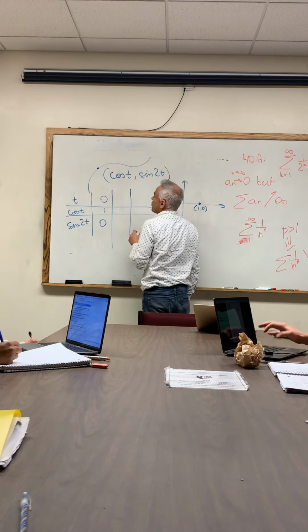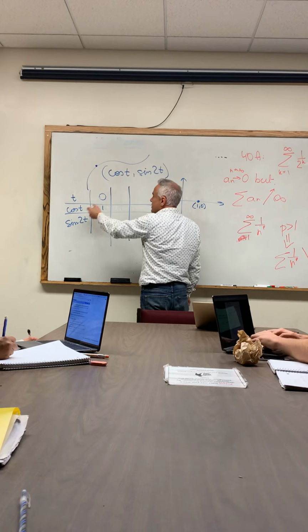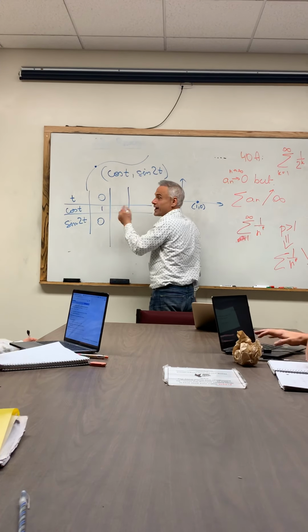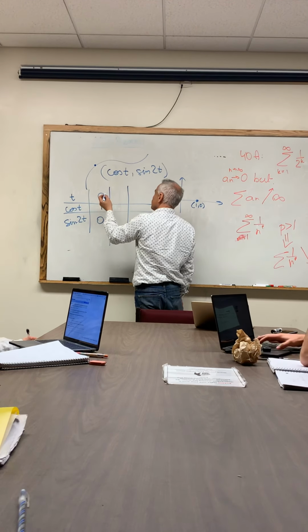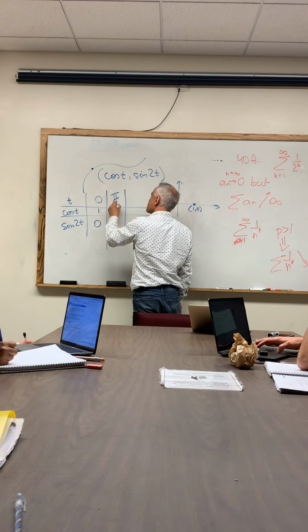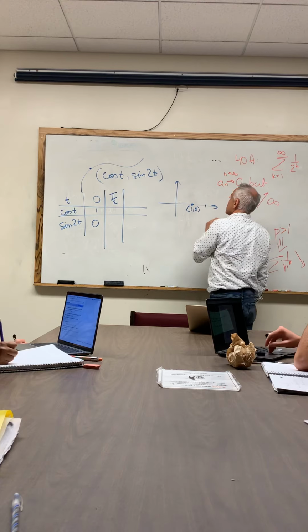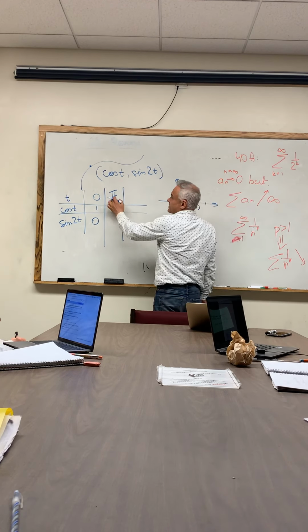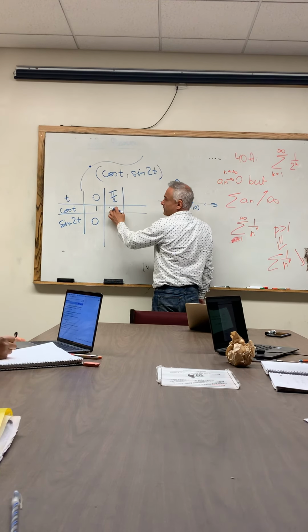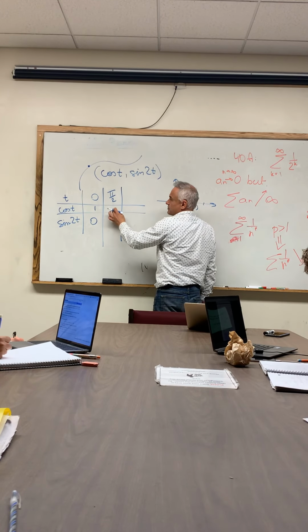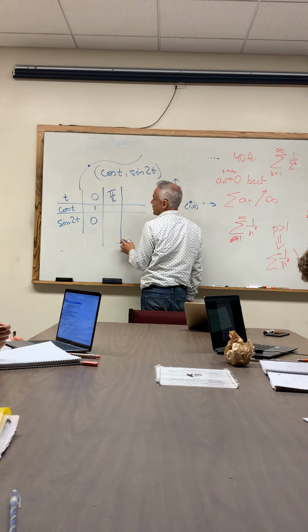And then I take another point. Of course it'd be easy to just pick pi or 2 pi, or I'll pick, say, pi over 2, which is more or less 1.7. But it doesn't matter what that is, because I'm looking for the horizontal and vertical coordinates.